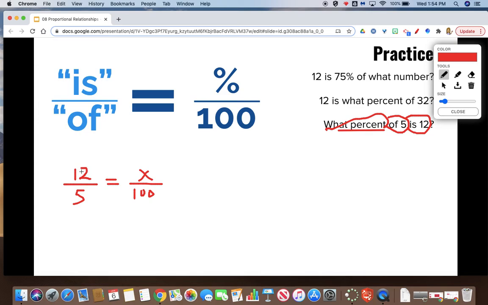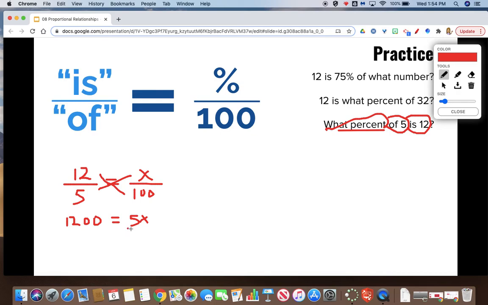Now this looks a little bit weird. The top number is larger than the bottom number. Is that okay? Yes, sometimes that will happen. Don't let that trick you into thinking you are wrong. You used your signal words to help you set that up. We then solve using cross products. 12 times 100, which is 1200, equals 5 times x, which is 5x.